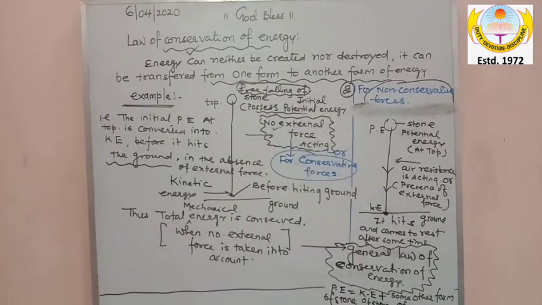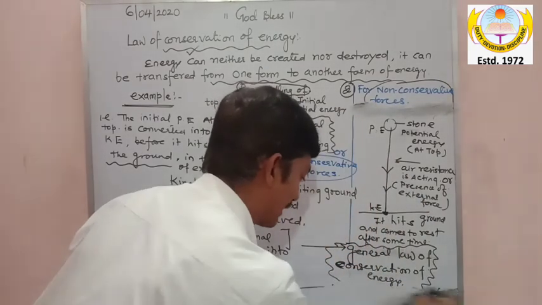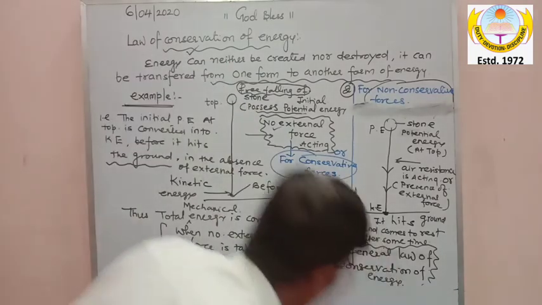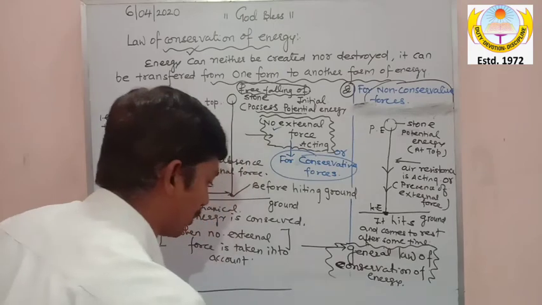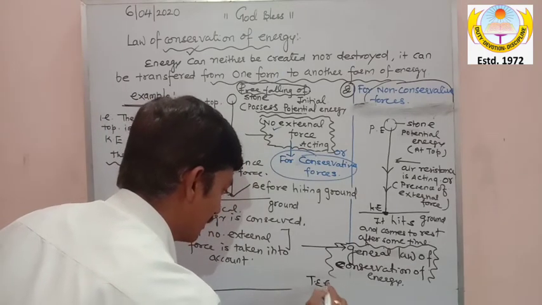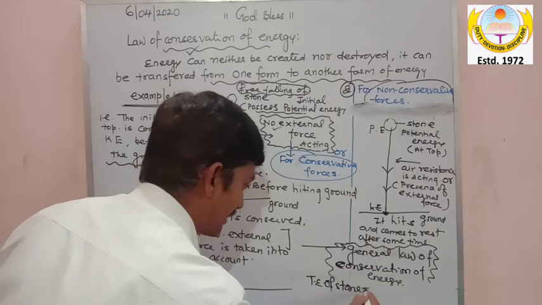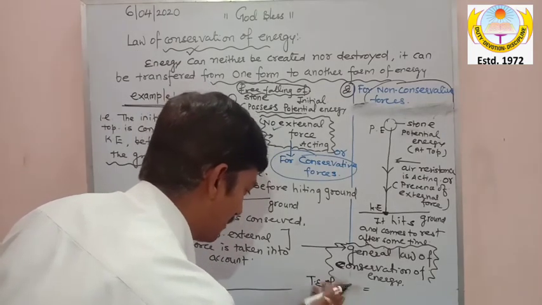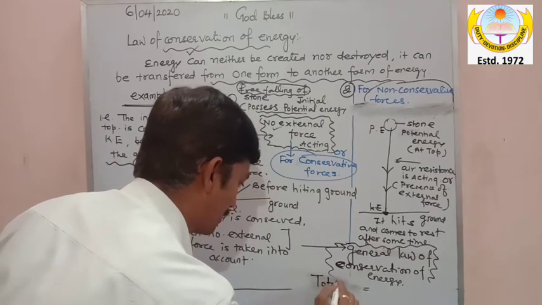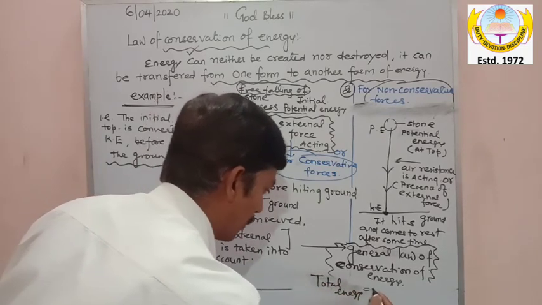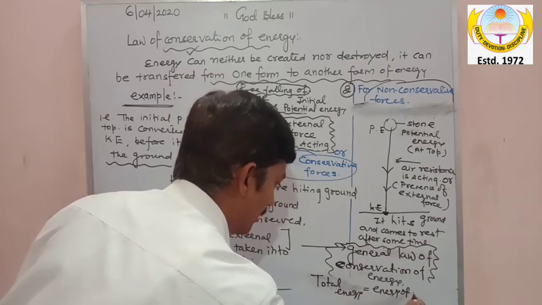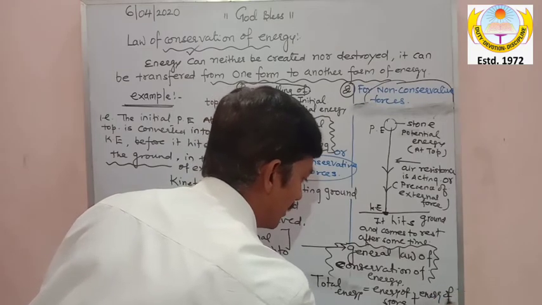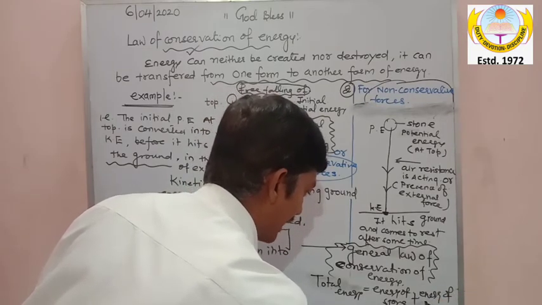Or you can say, बहुत easy topic I am writing here. You can write this also, my dear, that the total energy of the stone is equal to energy of stone plus energy of surrounding.